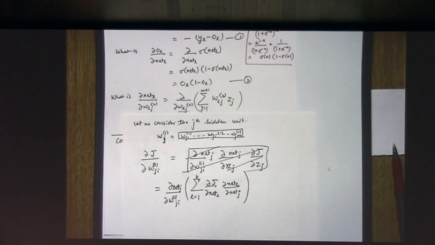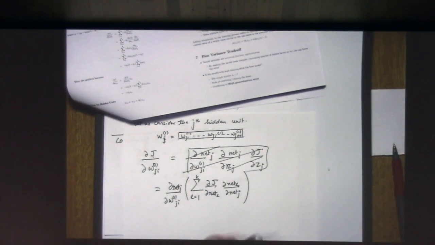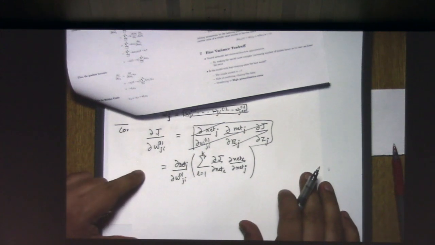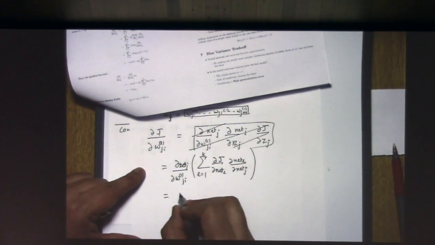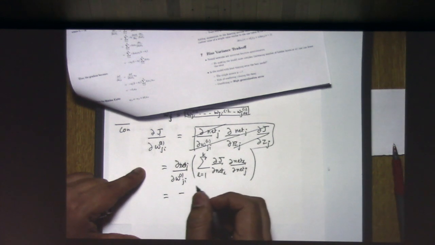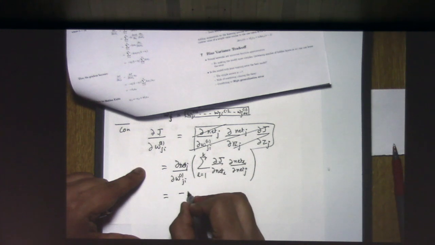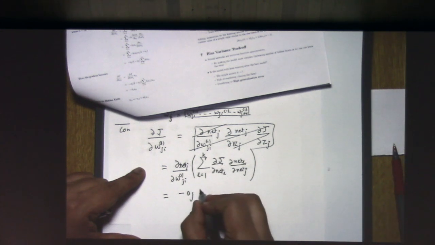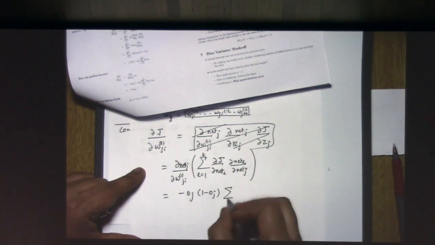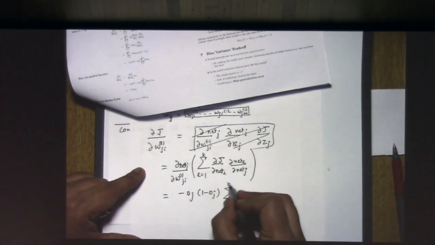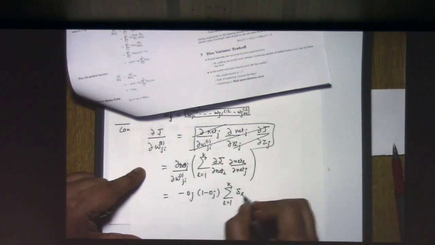Okay, so just to close it, I'm going to write the final result, but please make sure that you go through this at home as well. This actually looks like minus OJ 1 minus OJ, summation L equal to 1 through K delta L. Remember that delta L from the past.